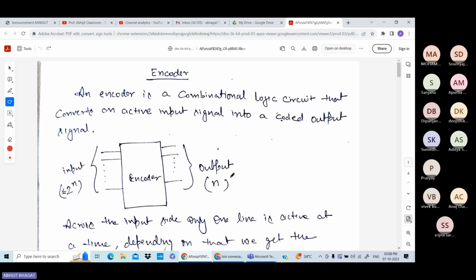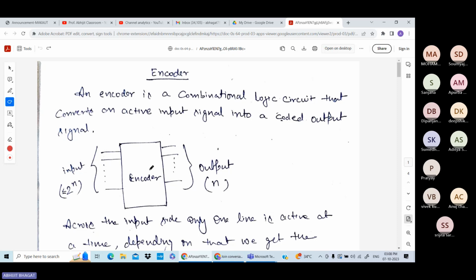Generally, in case of encoder, if the number of outputs is n, then your number of inputs should be less than or equal to 2 to the power n. 2 to the power n से छोटा हो सकता है and maximum equal to 2 to the power n. This encoder is just the reverse of the decoder.